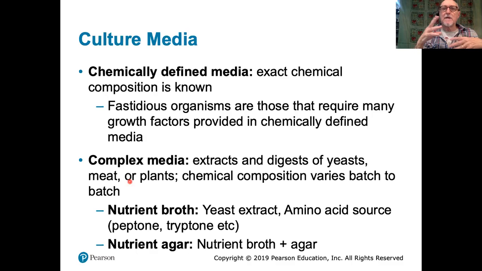We may sometimes be required to add a couple of others. Some bacterial media sometimes, for example, call for a little bit of extra phosphate to be put into them as a phosphate salt or something like that. But these complex media are basically aqueous media, which are a solution of at least yeast extract and a protein digest like tryptone and peptone, and that would be about it.